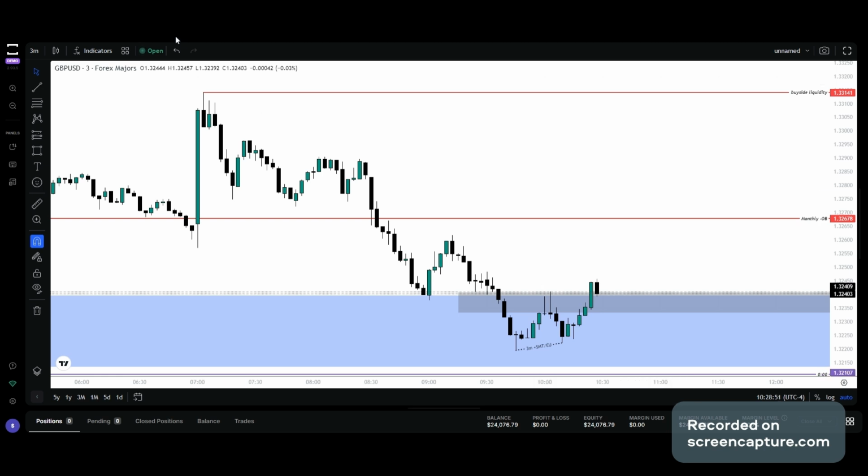So at 10:30, we'll get a 15-minute candle to close. Be interested to see how it closes, whether it closes inside or outside that gray rectangle. I like to see it close outside of it, and that would effectively validate this as an inverted fair value gap.